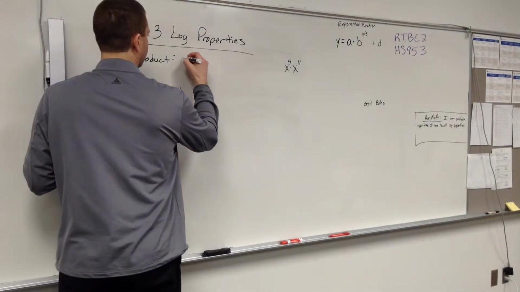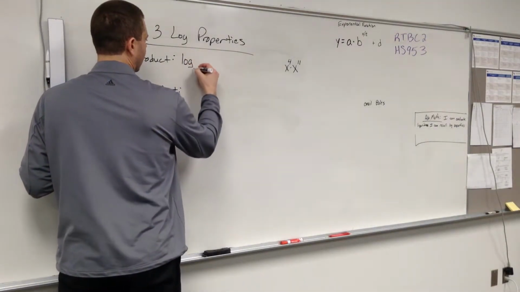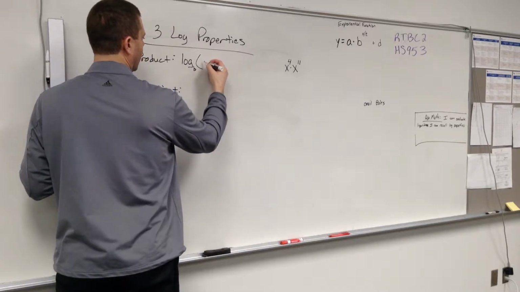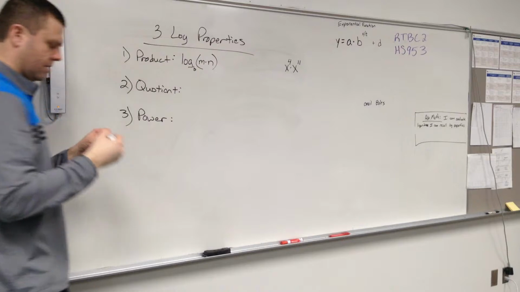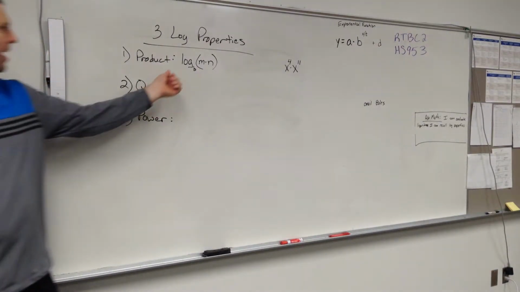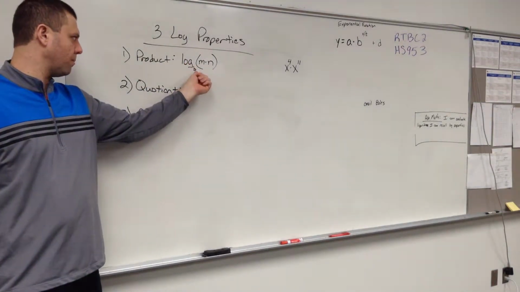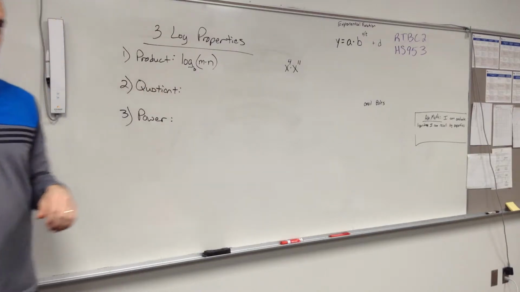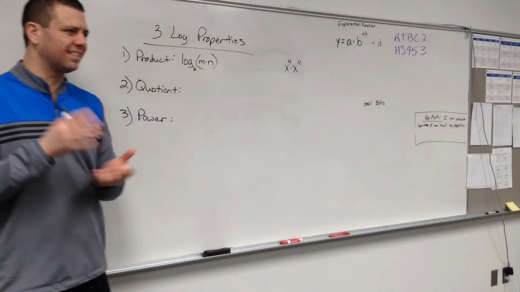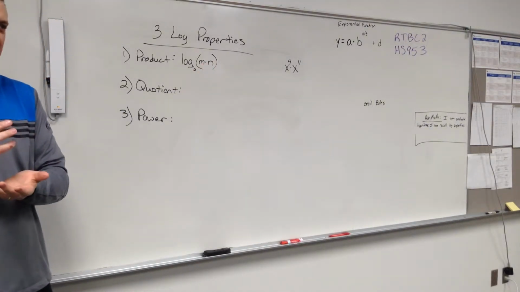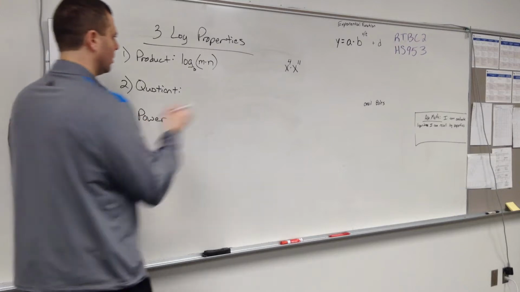Basically, if I have a logarithm to whatever base of a product of two things, I can do each one of those items in that product separately and add them together.